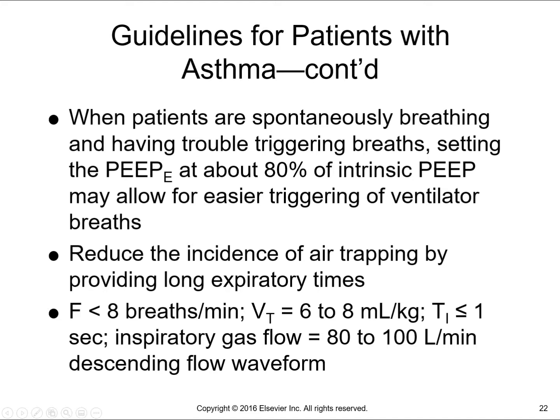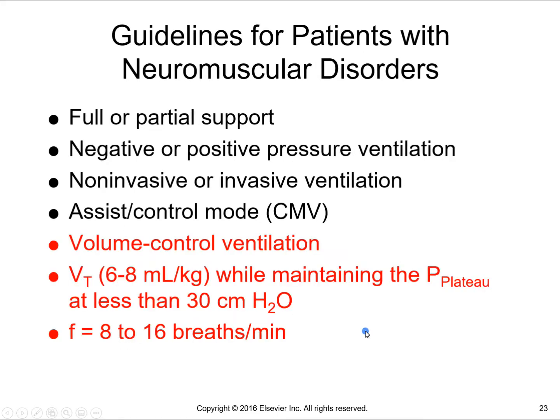Okay. And we want a descending flow pattern because we want some alveolar recruitment and to make sure that they are oxygenating well. And again, your frequency is going to be less than 8, so they're going to be breathing really slow. All right, really slow. So since they're breathing slower, we want to make sure that they're breathing out a lot more carbon dioxide.